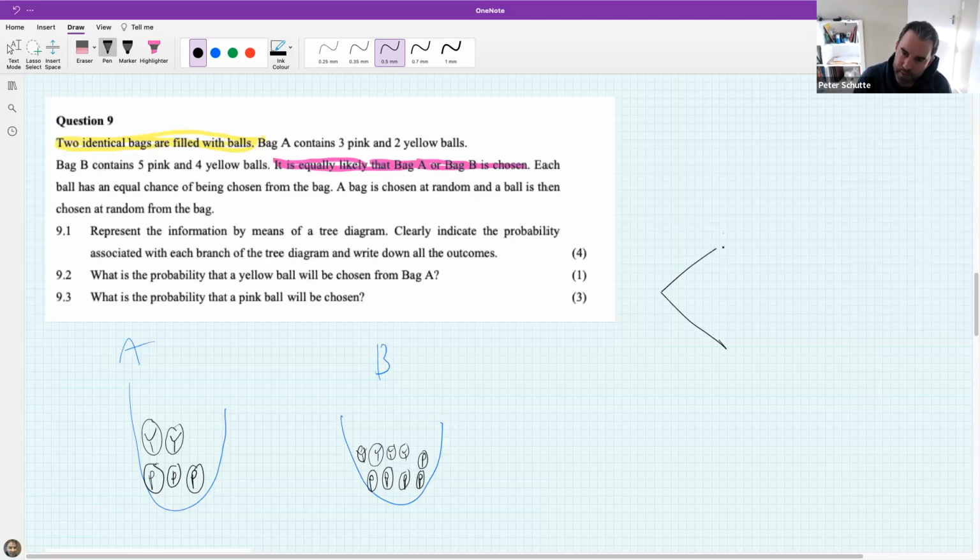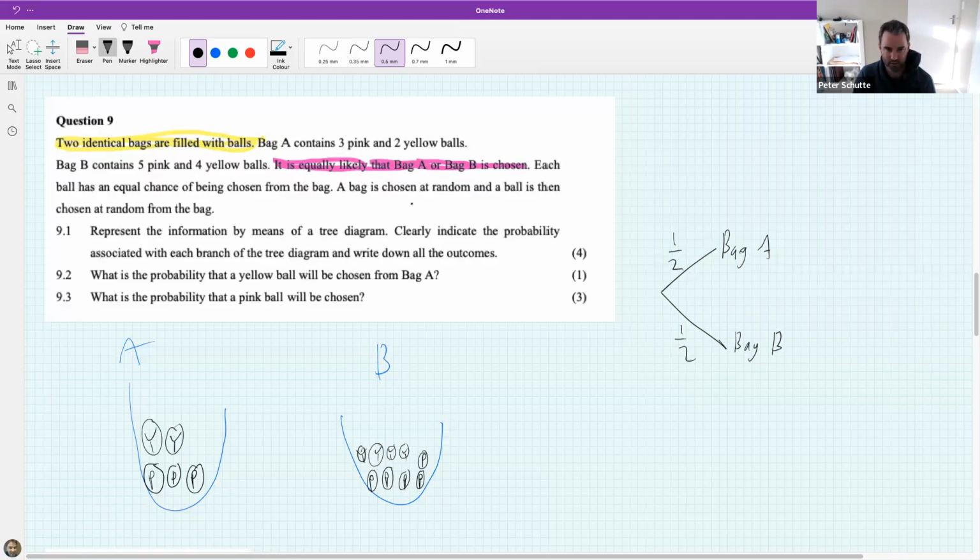If that is bag A and that is bag B, what is the chance of choosing bag A? What is the chance in probability of choosing bag A? It's going to be a half, yes, Morgan, or it could be 50%. But I'm going to say a half because each of these options is equally likely.